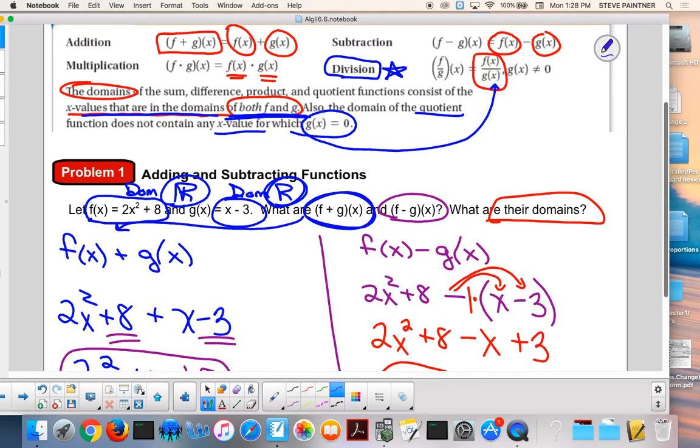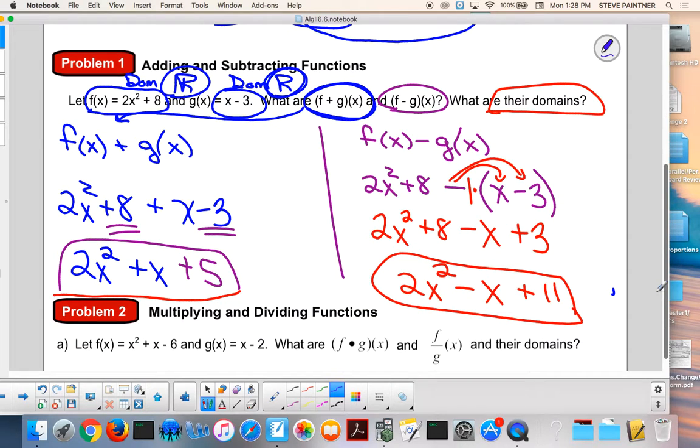So what does this group and this group share? Yeah, everything. They share everything. Every number in here is in here. So guess what? The domain of your answer will be what? All reals. Same thing here because it's the same two groups. They share everything. The domain of your subtraction problem will be what? All real numbers.